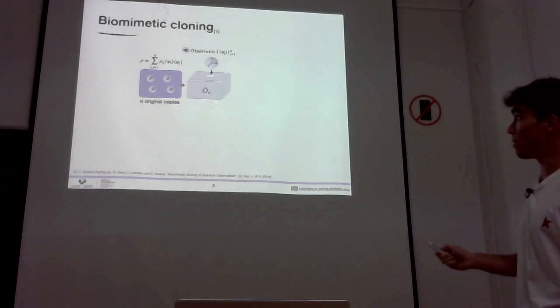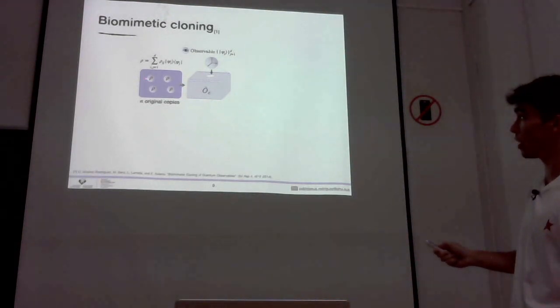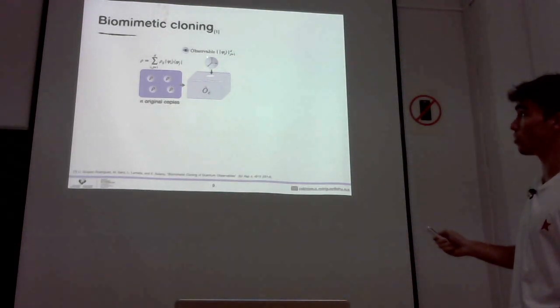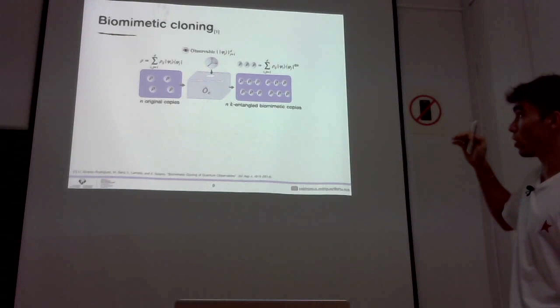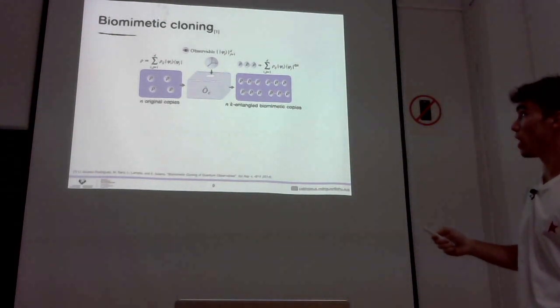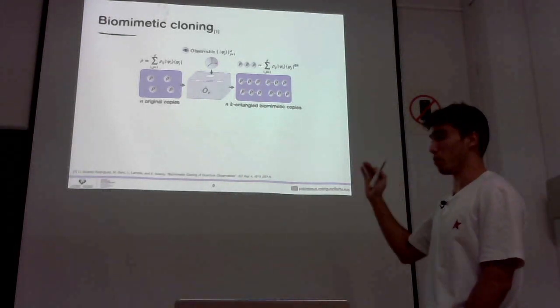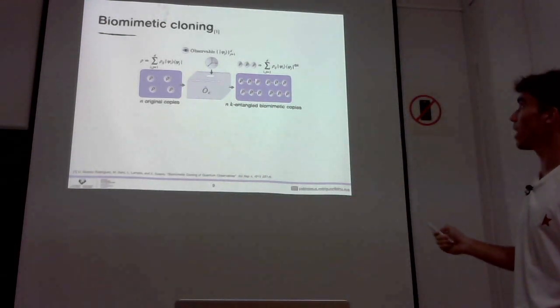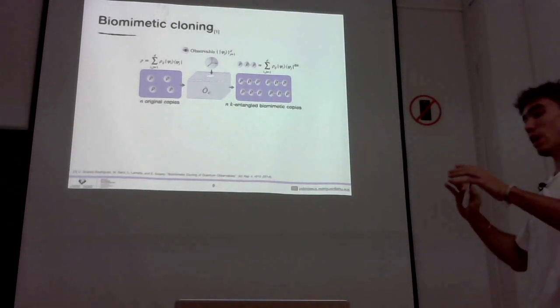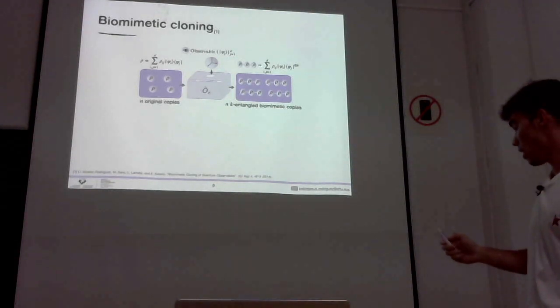This is my biomimetic cloning machine, which has as input the original copies and the basis of some observable, and what this creates is n k-entangled biomimetic copies. So now I'm not creating independent copies because this is forbidden by the no-cloning theorem, but I have some kind of imperfect copies, a set of imperfect copies.